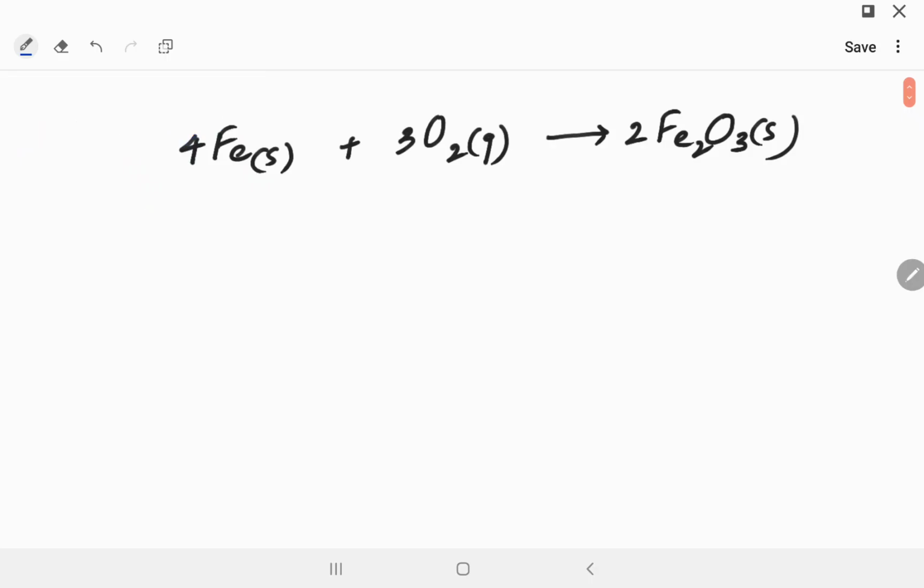They say that you are using 12 moles of oxygen, so we know that we are using 12.0 moles of oxygen. And what do we need to find? We need to find out how many moles of iron we need. This is what we want to find. Let's call it X moles.